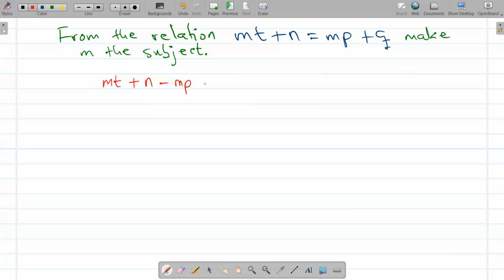Yes. Minus MP plus Q. Then what happens to the other side of the equal to sign? Because there is an equal to sign. Equals Q.